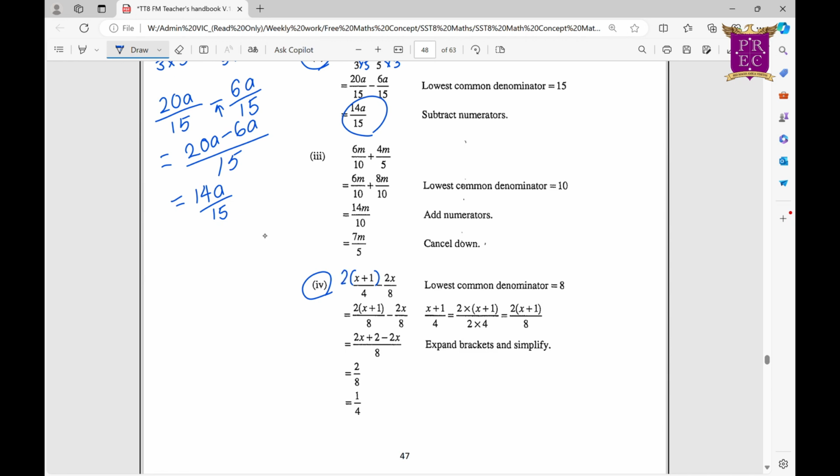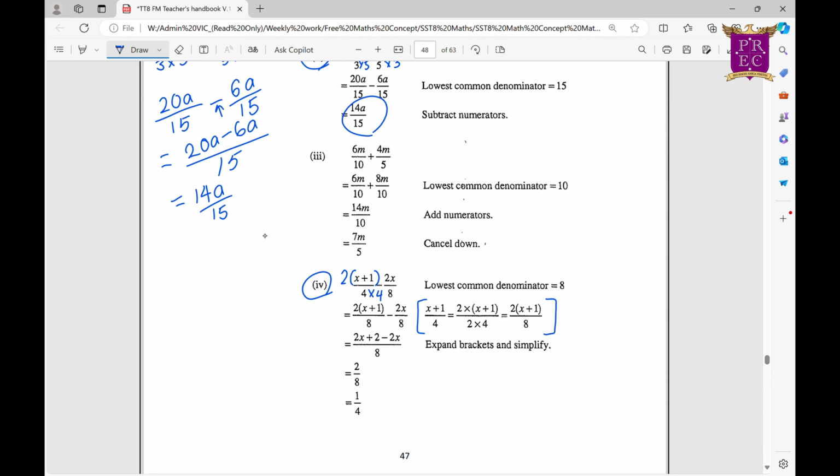So if I'm doing times 4 in order to get the lowest common denominator, then I'm going to have to multiply the entirety of the numerator, which is x plus 1, by 2. And that's written in bracket form. And how that works is it shows it right here. So you'll be writing it out as 2 bracket x plus 1 over 8.